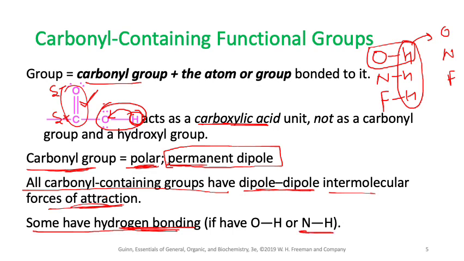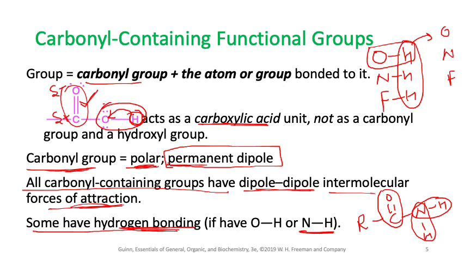Similarly, if you have a nitrogen-hydrogen bond, which you can find in an amide, if you have this structure, a carbonyl group attached to an amine, right? Because of this, an amide can form dipole interaction, and because of the nitrogen-hydrogen bond, an amide can also form a hydrogen bond.